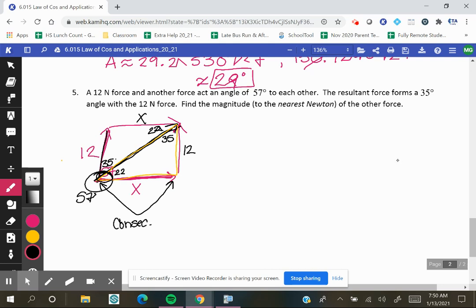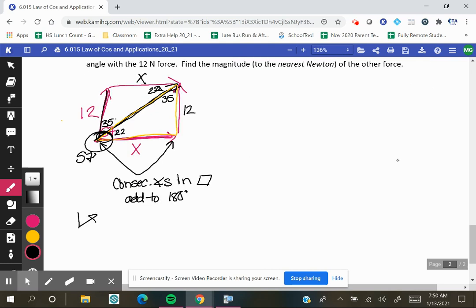So consecutive angles in a parallelogram add to 180 degrees. So I can take 180 minus my 57, which gives me 123. So this angle over here is 123. And that should really help you now to set this up.